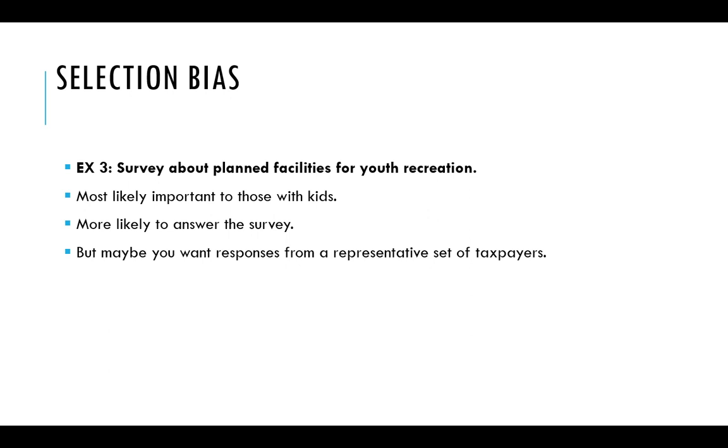But maybe you want responses from a representative set of taxpayers. After all, if this is going to be public facilities paid for by the county, this is going to use taxpayer money. Maybe we want to know how other people feel about it, people without children, for example. But we might not likely get that part of the population without some effort, right? So selection bias clearly could be an issue here.